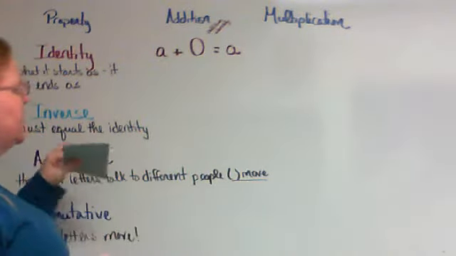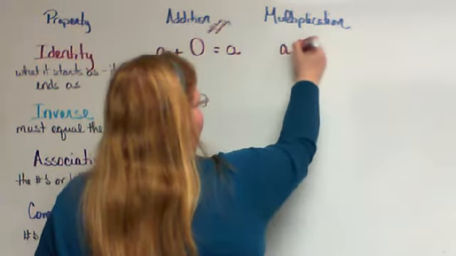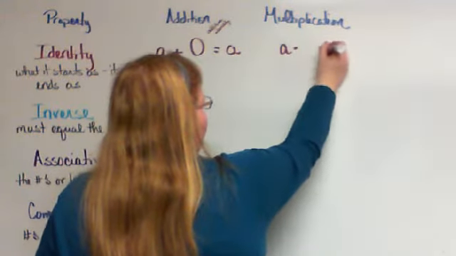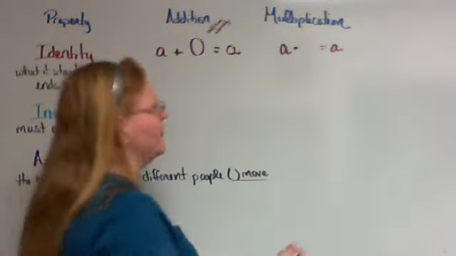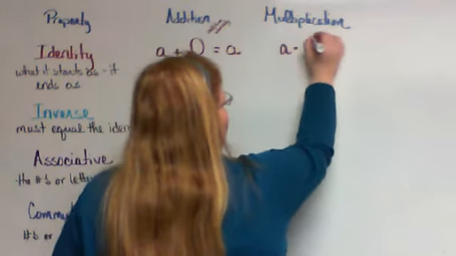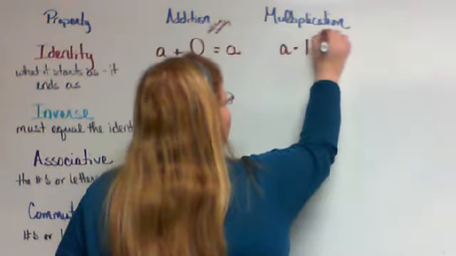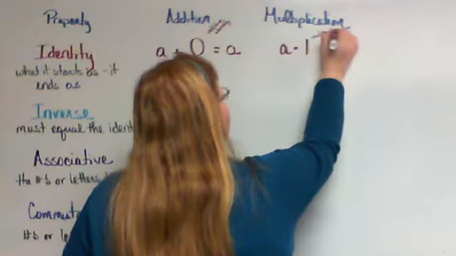For multiplication in the identity property, if we start out with A and we want to multiply it by something so that we end up with an A, the only thing we can multiply that by is a 1, which is why we call the 1 our multiplicative identity.